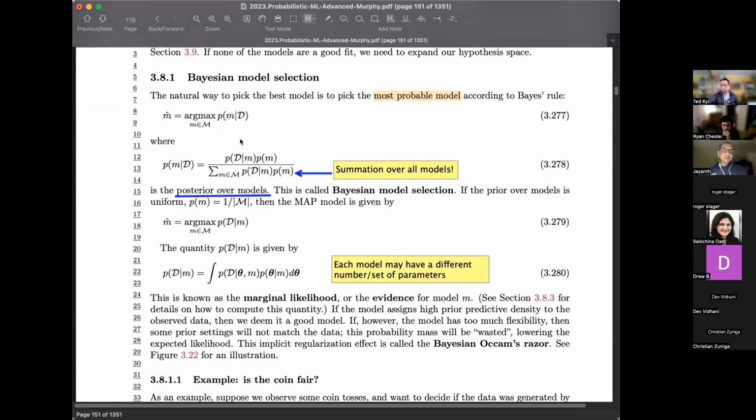If you're able to imagine a distribution given the data, if you can plot a distribution of all the M's, you want to take the most probable model. So if you can imagine that this is the posterior, you can say this would be a MAP estimate of it.